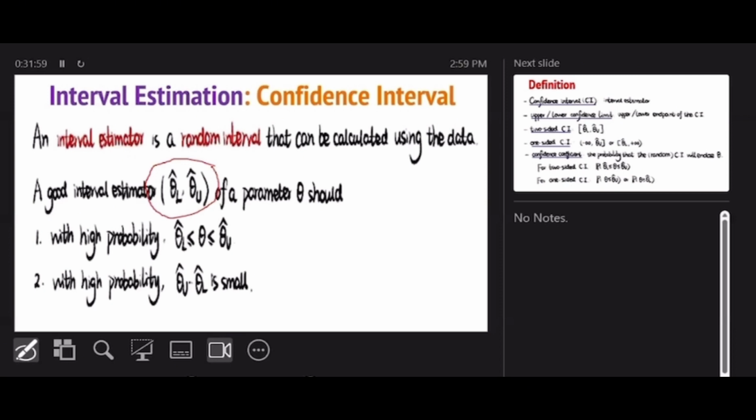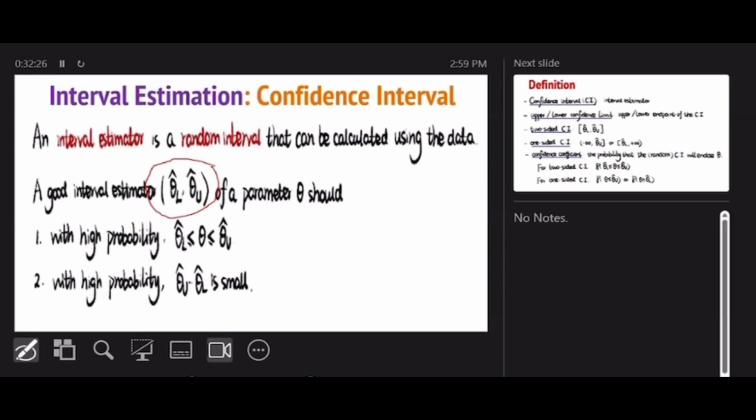And let me tell you this. I've walked you through some properties of a good point estimator. We're still going to do some of them. We only considered whether it's unbiased or not. We considered the variances. But right now, we also have a way to assess whether an interval estimator is good or not.